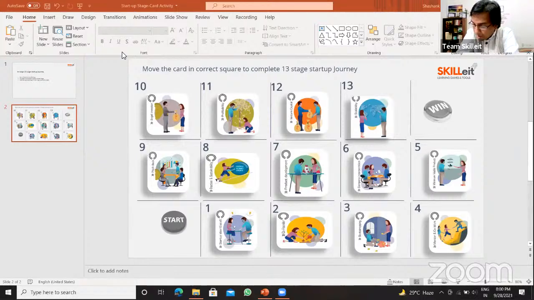Team 3, you were off from 4th, then 6th, 9th and all. Team 4, again, you were off from 4. Team 5 off from 3. Team 6 off from 4. Team 7 off from the 3rd stage. The initial first 2, 3 were right for everyone. It was easy to understand also. But I'll give you a logical link.